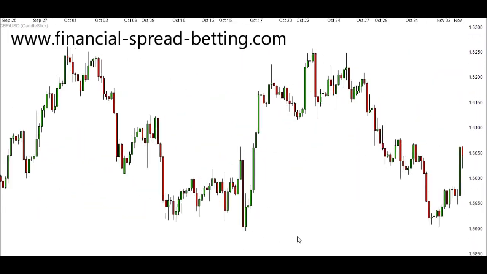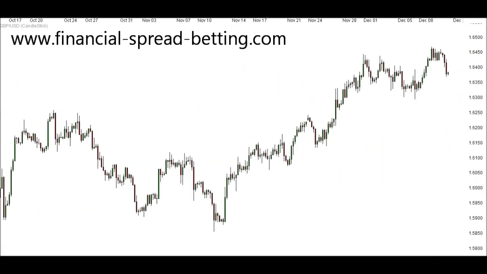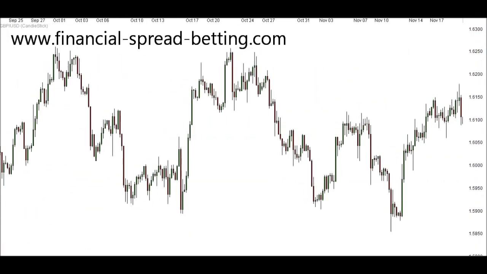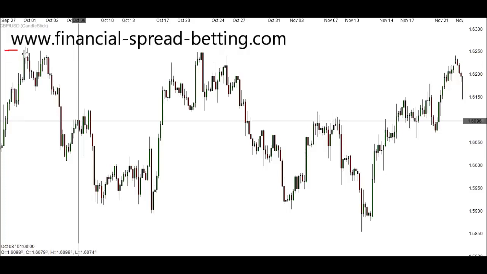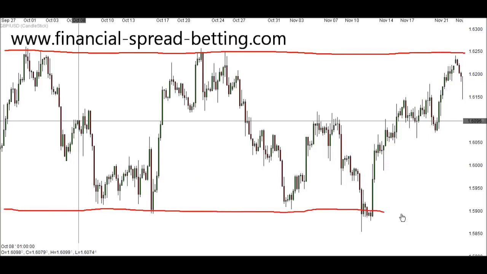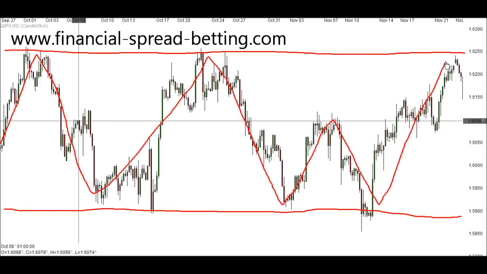So let's look at range in markets, and when range in markets come to an end. If we go to the range we used in our last video, which was here, here's our resistance area, and here's our support area, and price is moving between these areas like so.